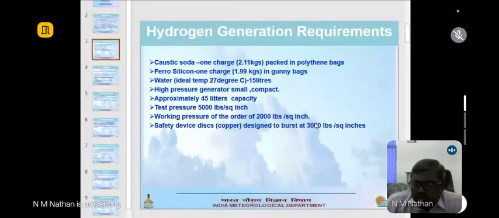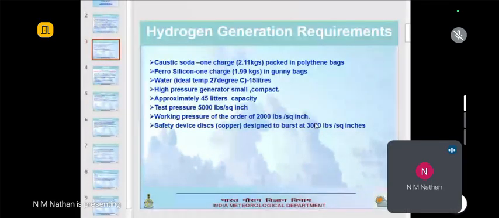We have to take one charge of caustic soda. One charge means roughly 2.11 kilograms, so about 2.1 kg of caustic soda, then roughly 1.99, about 2 kg of ferrosilicon.